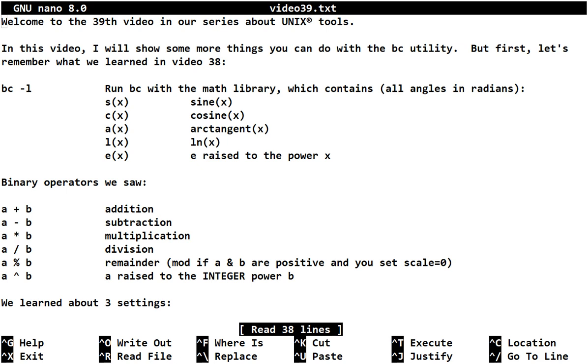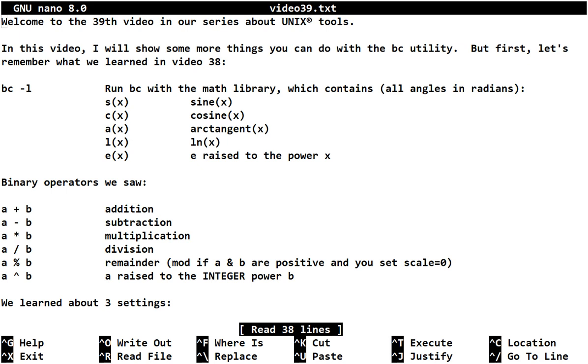We learned that when we run BC, we normally want the -L option to get the math library, which includes 5 functions, S, C, A, L, and E, which are the sine, cosine, arctangent, natural log, and exp, or e raised to the power x.